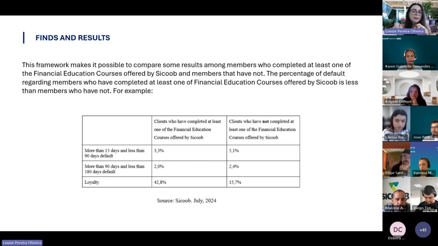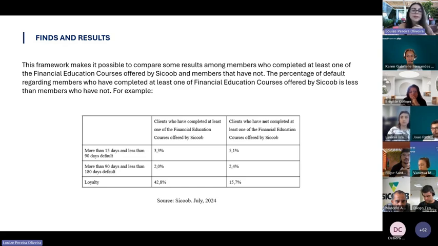So we can see clearly in the second line, clients in default between 15 and 19 days. We can see clearly that clients who have completed at least one of our financial education courses are less defaulted than clients who have not.